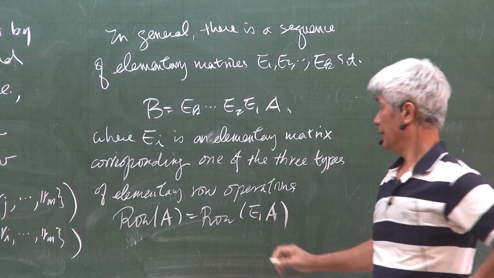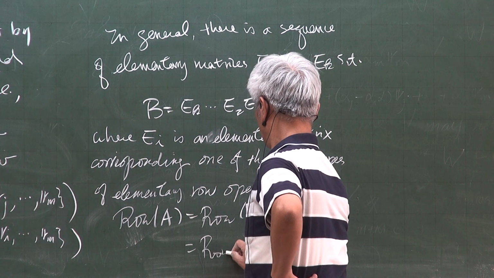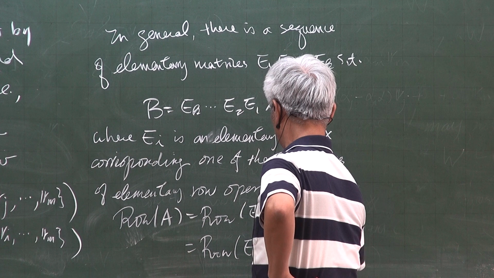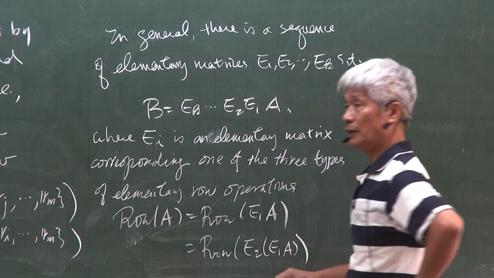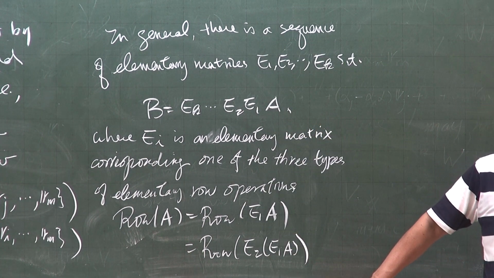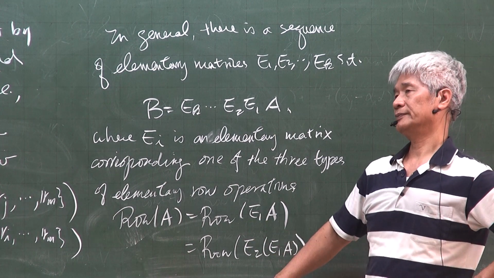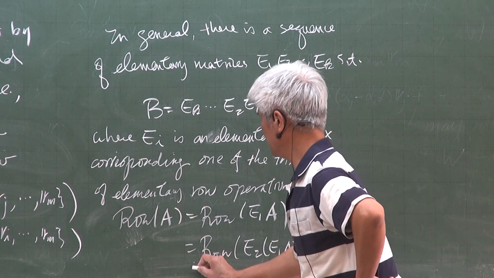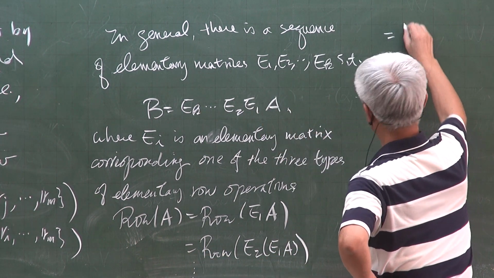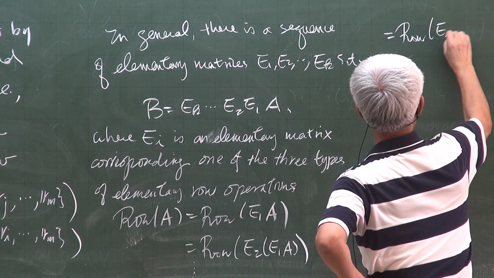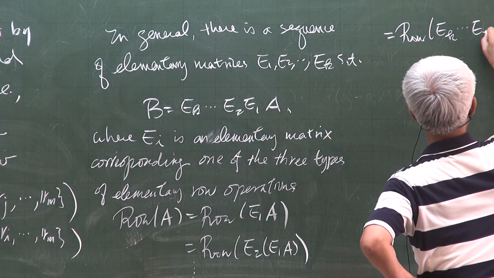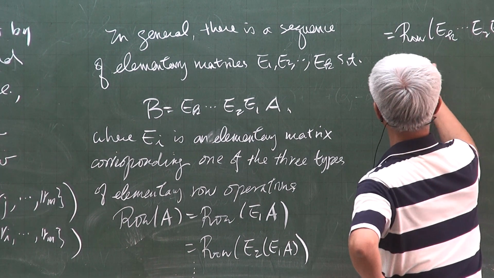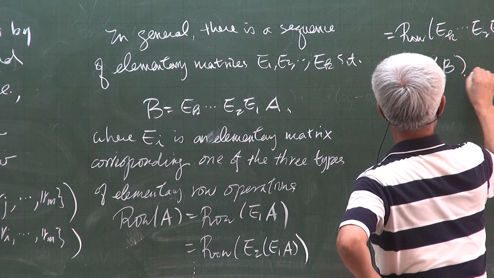And again, this is equal to the row space of E2E1A. So if you apply another elementary row operation, you will not change the row space. And then you keep doing so. Finally, you get the row space of Ek...E2E1A, which is exactly B. Okay, we're done.